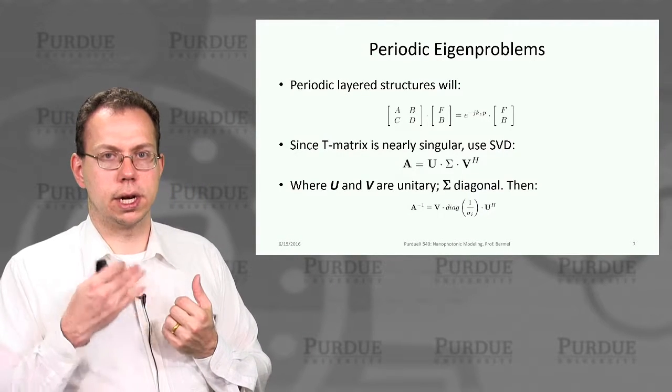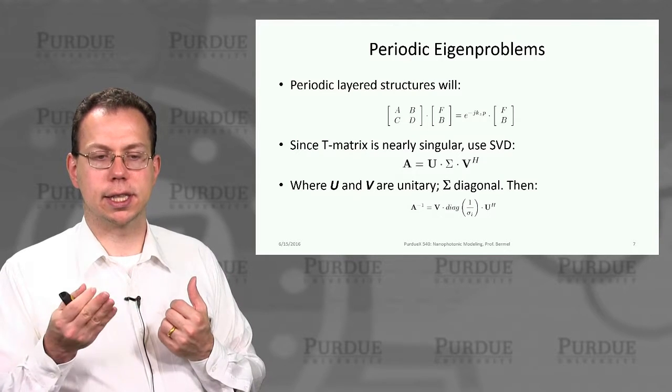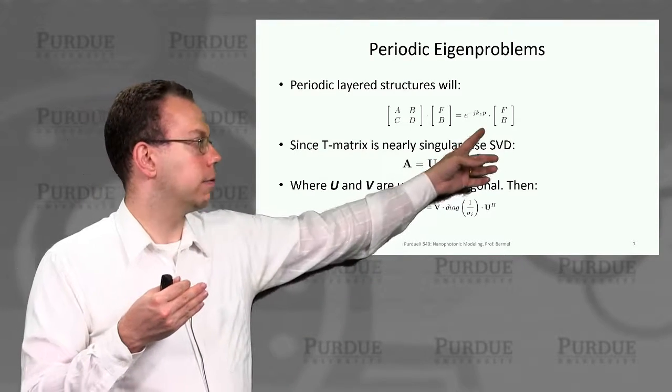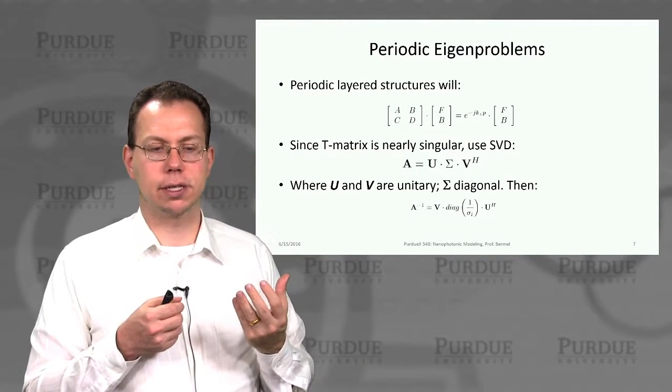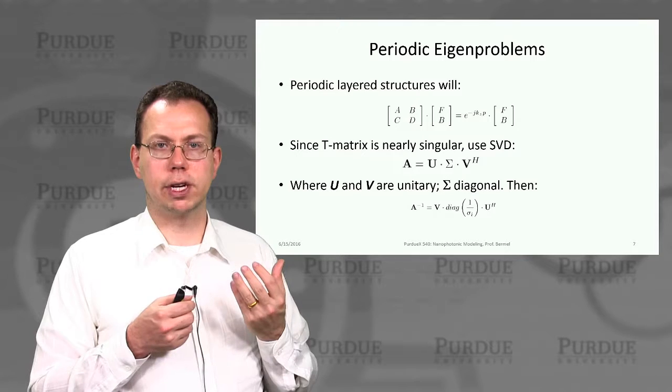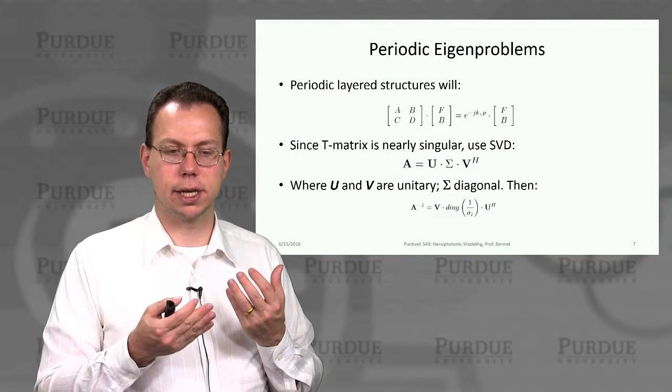Now, numerically, this could be a big problem for a T matrix because there are these exponential terms, which I have here, especially if K has complex components. And so oftentimes we would use singular value decomposition to deal with this singularity.